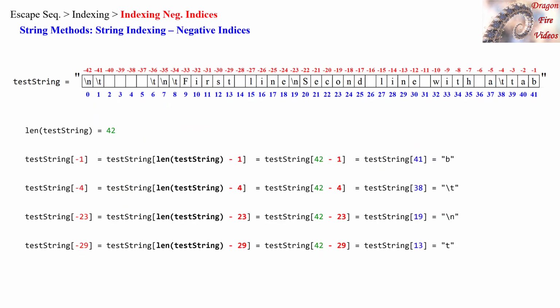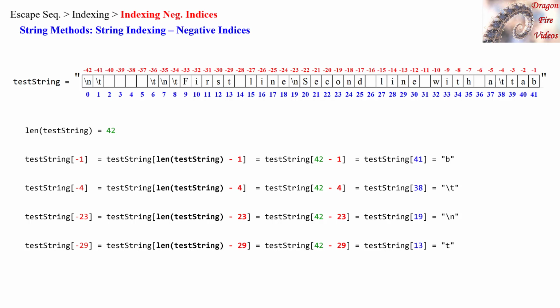So first, let's take note that the length of test string is 42. We see that the indices start at 0 and terminate at the rightmost character or last character of the string, B at index 41. Therefore, there are 42 characters in the string.